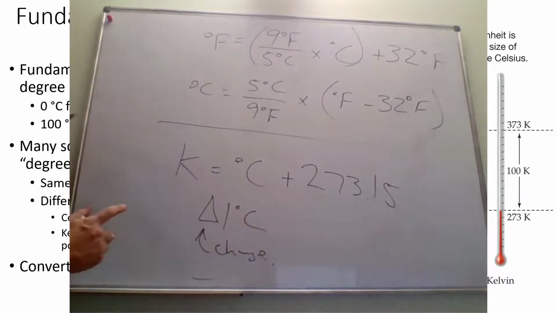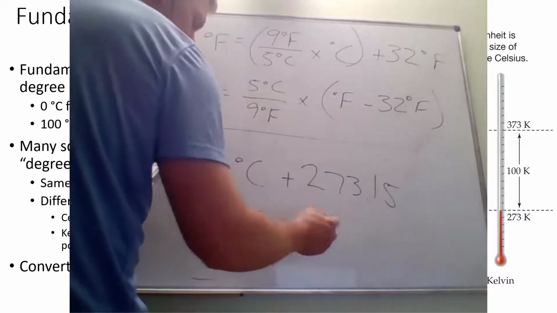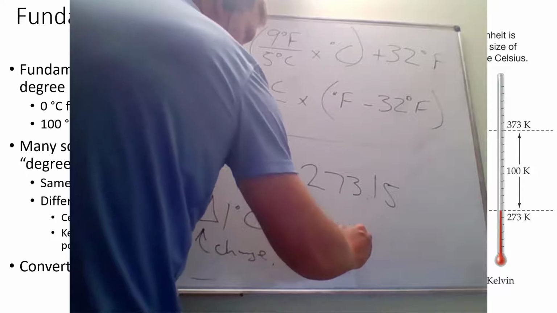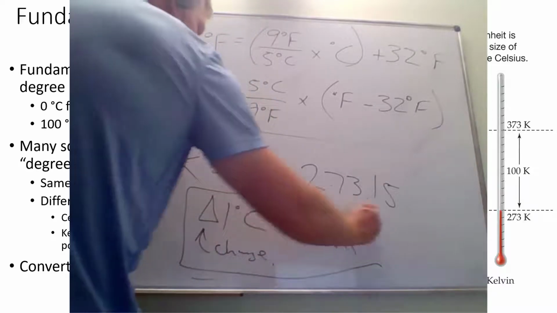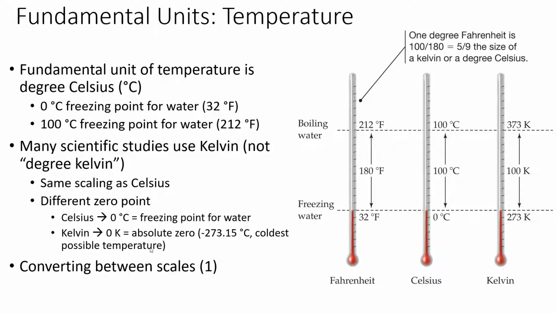The change in 1 degree Celsius is equal to delta, the change in 1 Kelvin. So the units of Kelvin and Celsius are the same. So a change in 10 degrees Celsius is equal to a change in 10 Kelvin. But the degree Celsius and Kelvin changes do not correspond directly to changes in degree Fahrenheit.